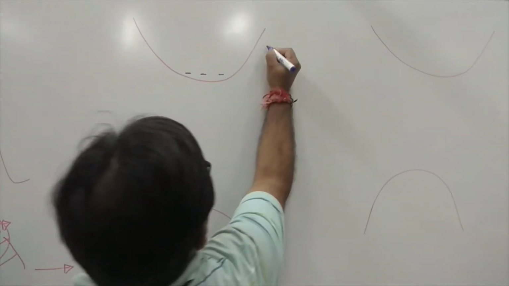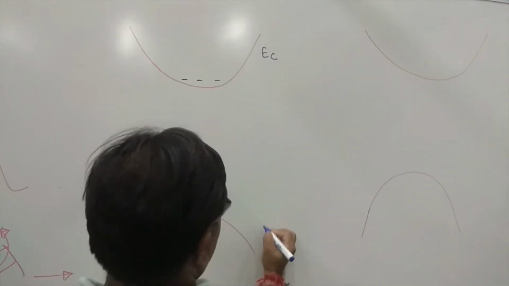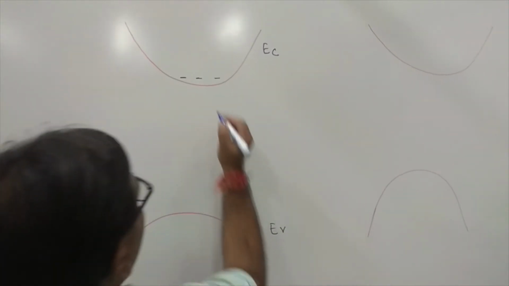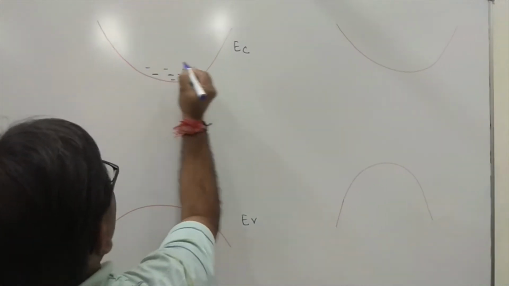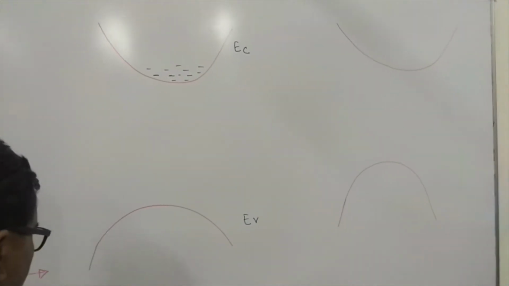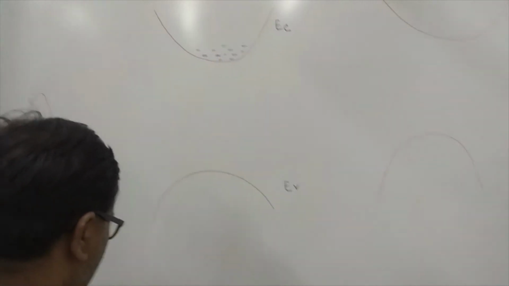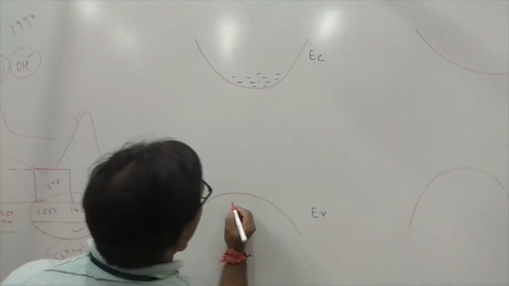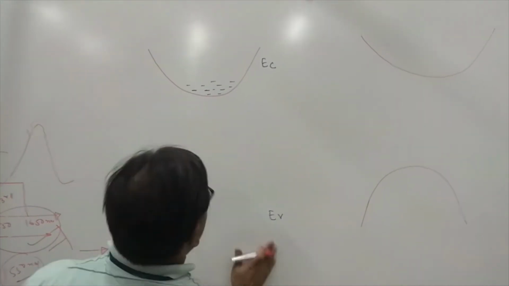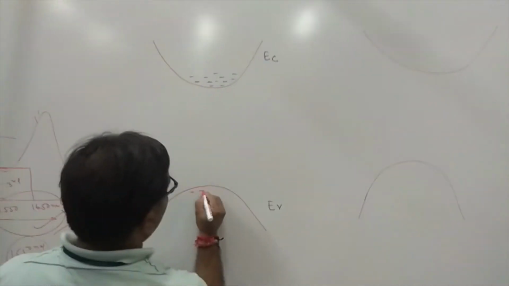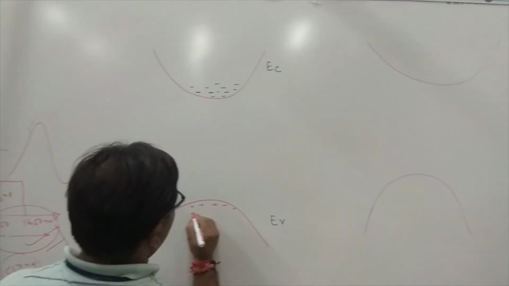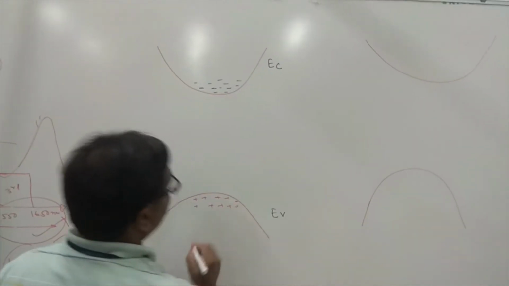So this is the conduction band, EC. This is the valence band, EV. So electrons, very good, electrons. Now here are the holes, very good.